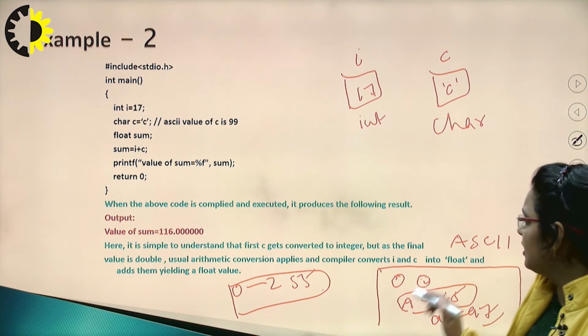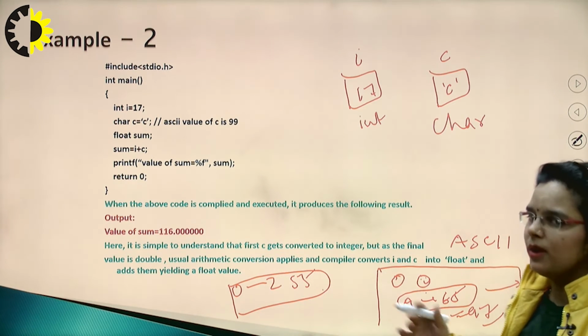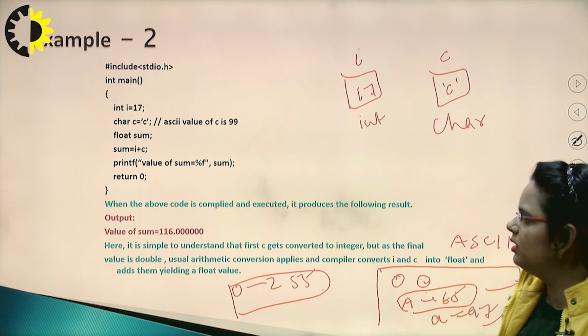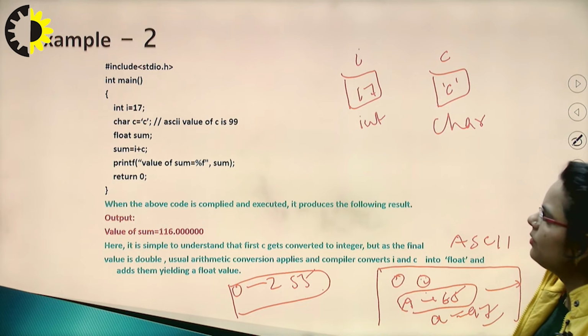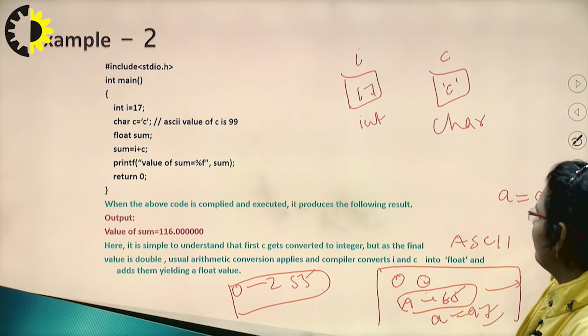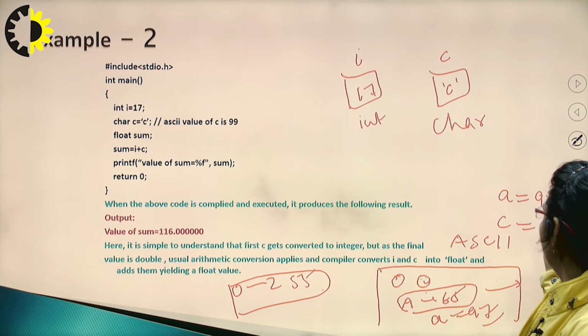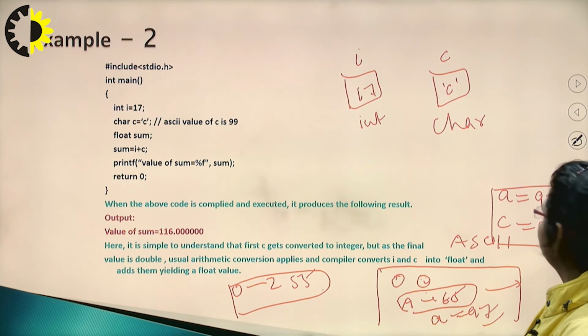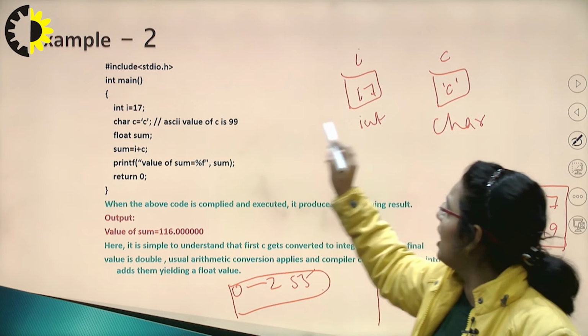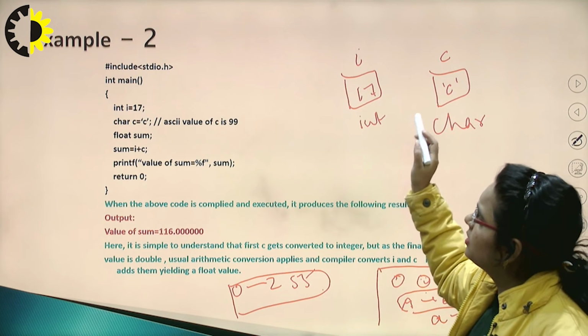Whatever key we are pressing has some decimal value, and then that decimal value is converted into the binary value, and our machine, our C compiler, will work on it this way. So the character c has, obviously, if a has value 97, then c would have the value 99. This is sequentially done. So i is of integer type and c is of character type.